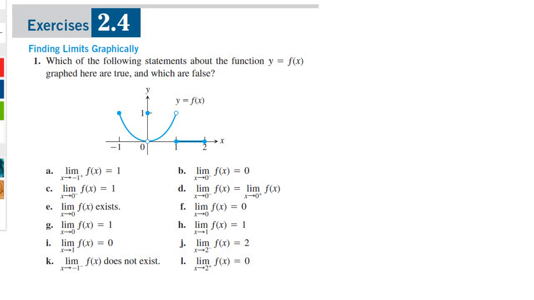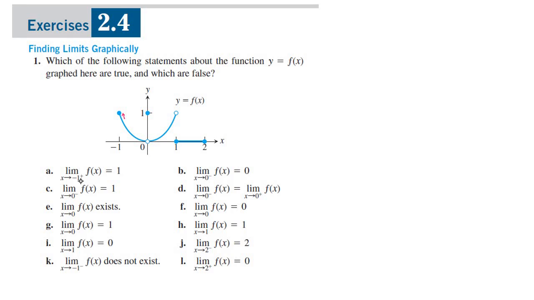So let's look at the limits and see whether these are true or false. We'll look at x tending to -1 from the positive side. So -1 is here, and from the positive side the limit is equal to 1.